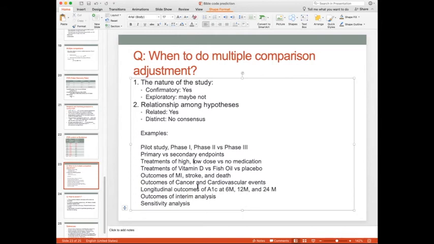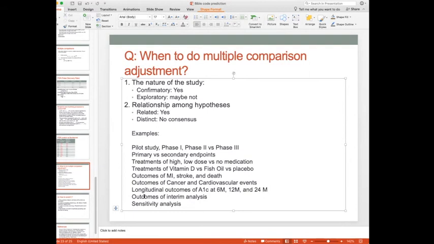Another one is the longitudinal outcome of A1C at 6 months, 12 months, and 18 months. So this is all A1C at different time points. So they are definitely related. So you need to control for multiple comparison, okay? And outcomes of interim analysis. We usually conduct interim analysis when the data collection is halfway, right?